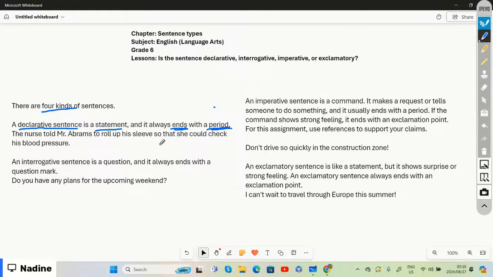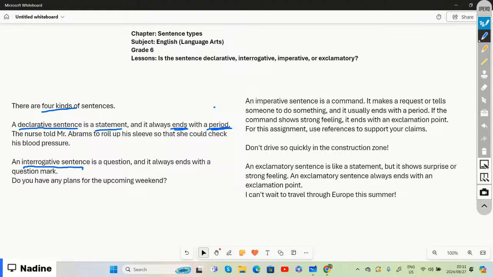All right. The next one is an interrogative sentence. If you think of those movies like NCIS and those type of series, where they take the person to a holding cell and now they are going to be asking the person questions, we say they are going to be interrogating that person.